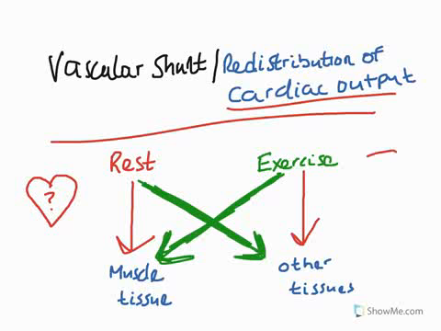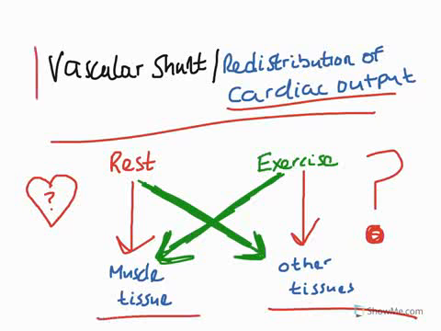So the question is, how does this process occur? How do we shift the direction of the blood we are ejecting from the heart from other tissues to the muscle tissue? And that's what we're going to try and answer today by looking at the vascular shunt mechanism.